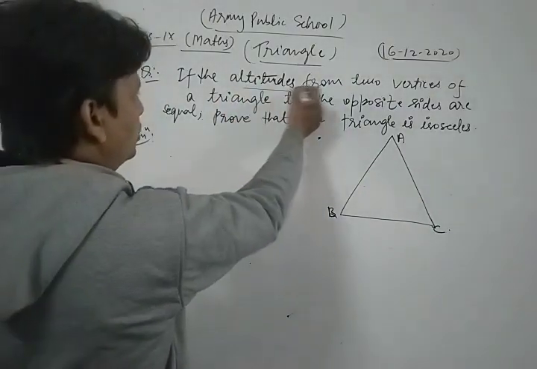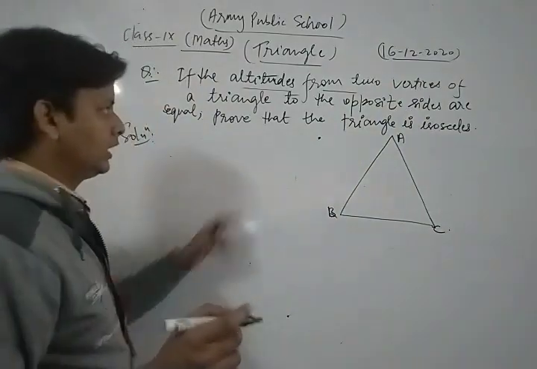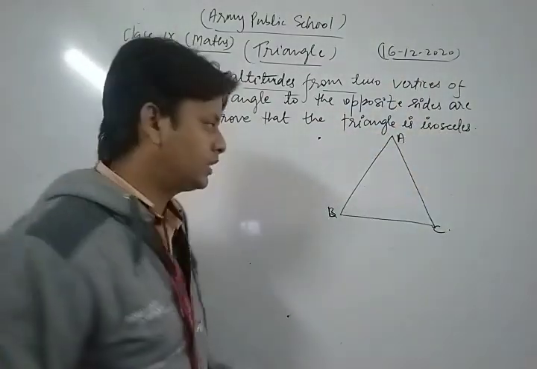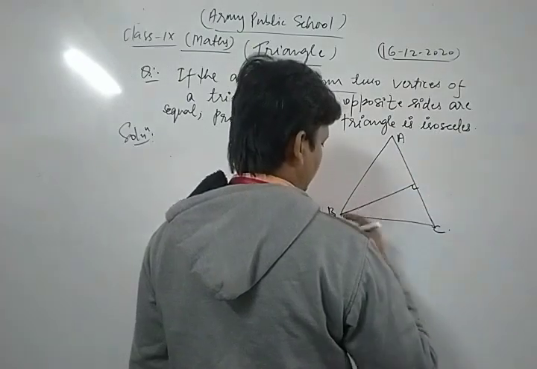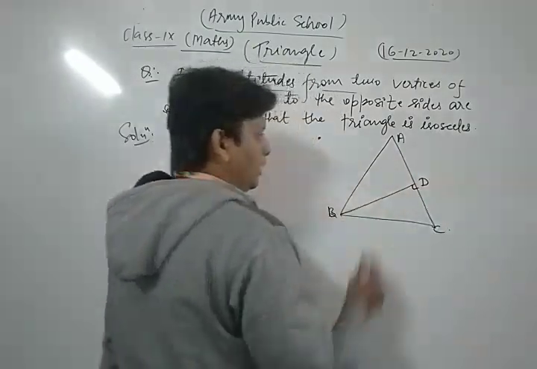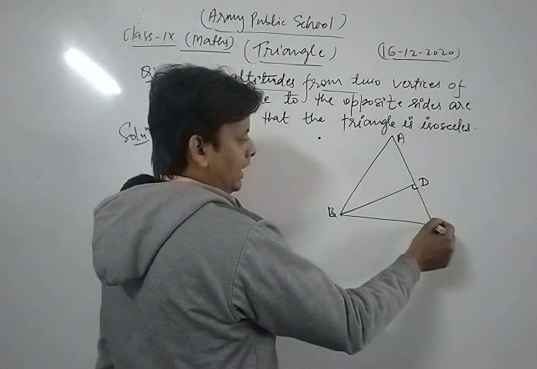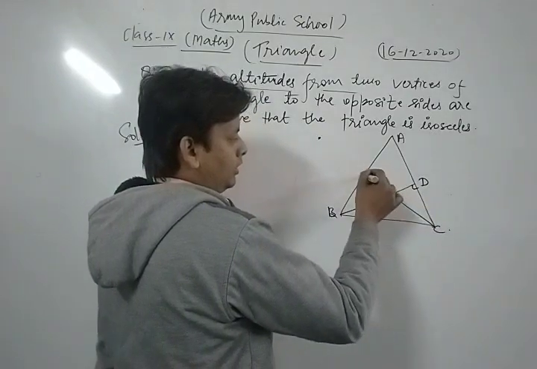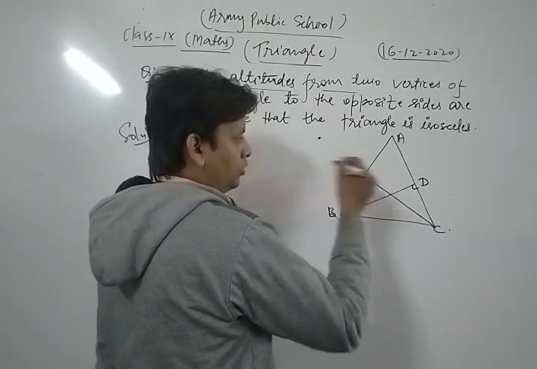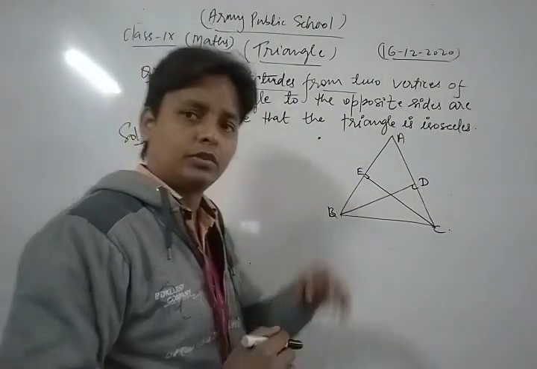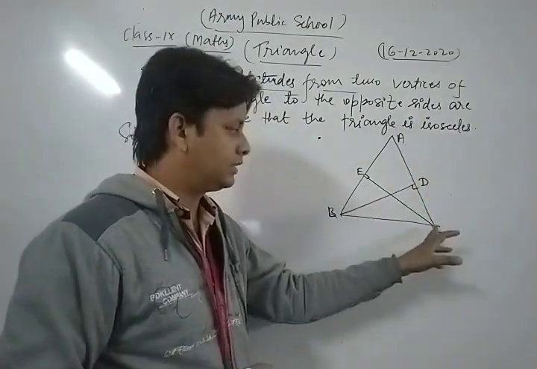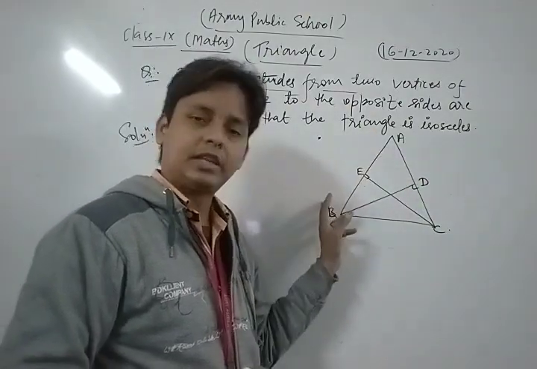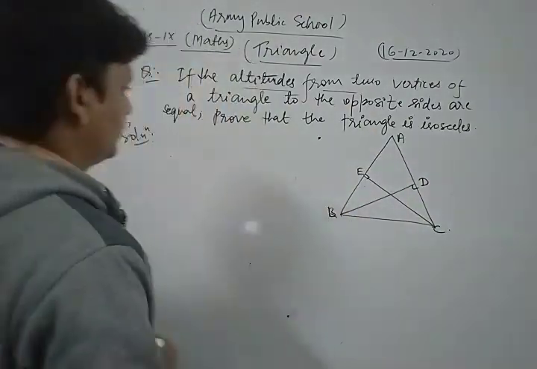Now, if the altitudes from two vertices of a triangle to the opposite sides, suppose we draw BD perpendicular to AC and CE perpendicular to AB. Okay, now let's see. In triangle ABC, BD is perpendicular to AC as well as CE perpendicular to AB.